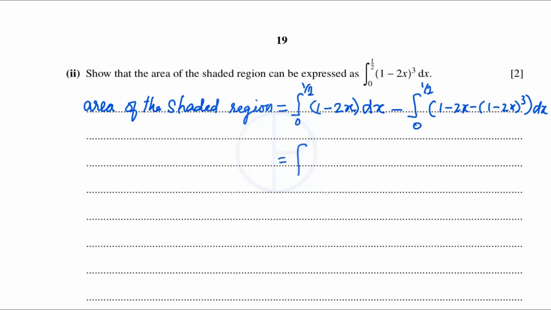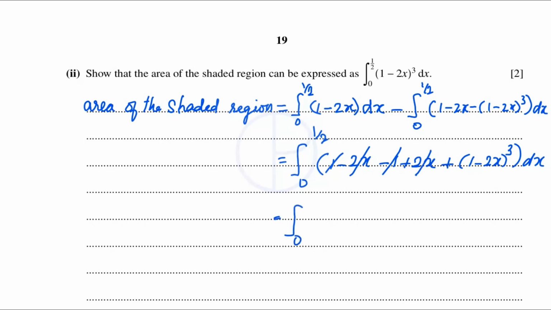Let's combine both. 0 to 1/2 is the limit for both: 1 − 2x − 1 + 2x + (1 − 2x)³ dx. 1 and minus 1 get cancelled, minus 2x and plus 2x get cancelled.